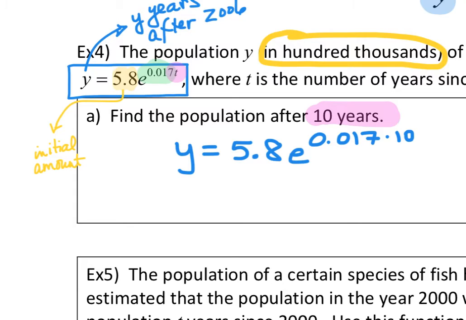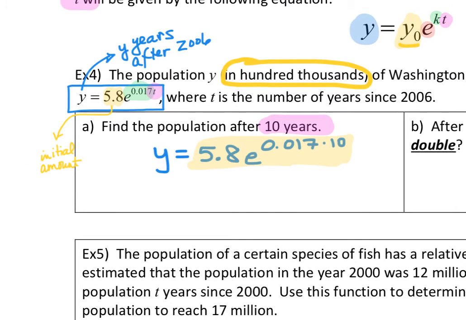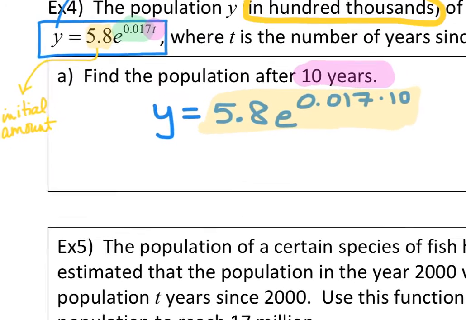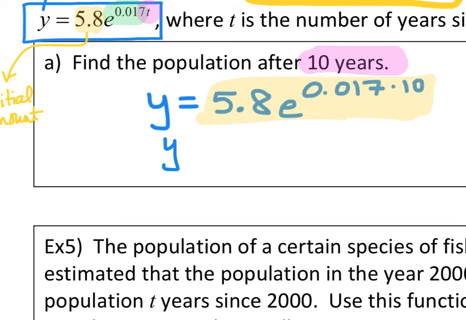You can literally type this whole thing into your calculator to compute y. So go ahead and do that. Enter all of that in your calculator. And your calculator should be giving you a number like 6.87.